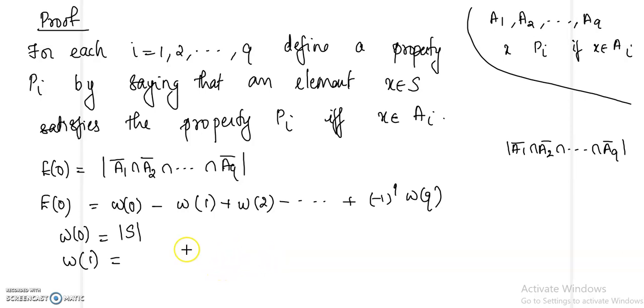So x is said to satisfy the property if x belongs to Ai. At a time, only one property is satisfied, so that will be the cardinality of each Ai, summed over i equal to 1 to q. Then ω(2) will be the summation over i less than j of the cardinality of Ai intersection Aj.